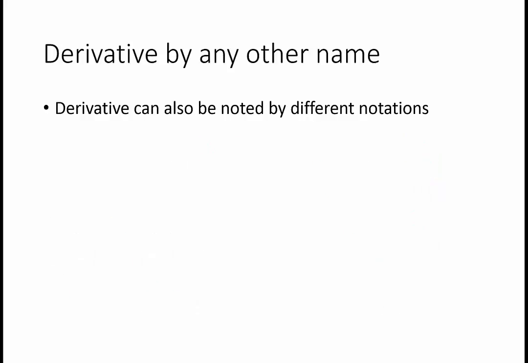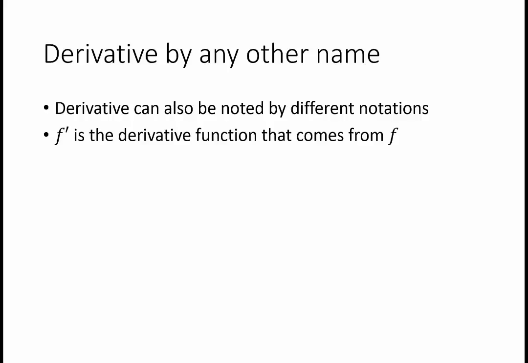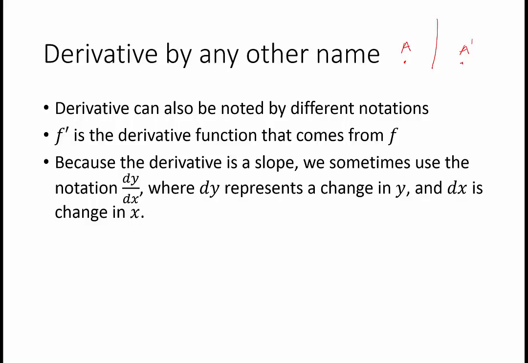Now, because this is math class, we may have multiple ways of talking about derivatives. I've called the derivative the f prime function, for example, because it's a function. It's a derivative function that comes from a different function. In a similar way that when we did reflections in geometry, the reflection of A is A prime.